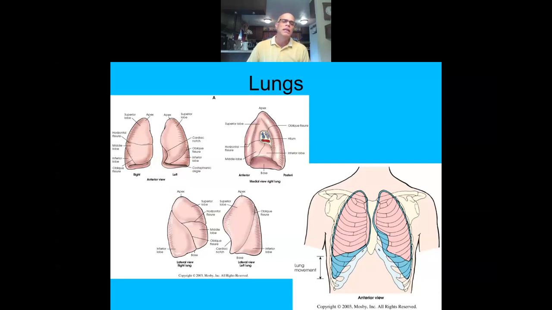Reason being, say a patient comes in and they have pneumonia at the time, just a little mild pneumonia with some fluid. Well, guess what? This isn't a dome. This is kind of on a hill. So where do you think the fluid's going to accumulate?